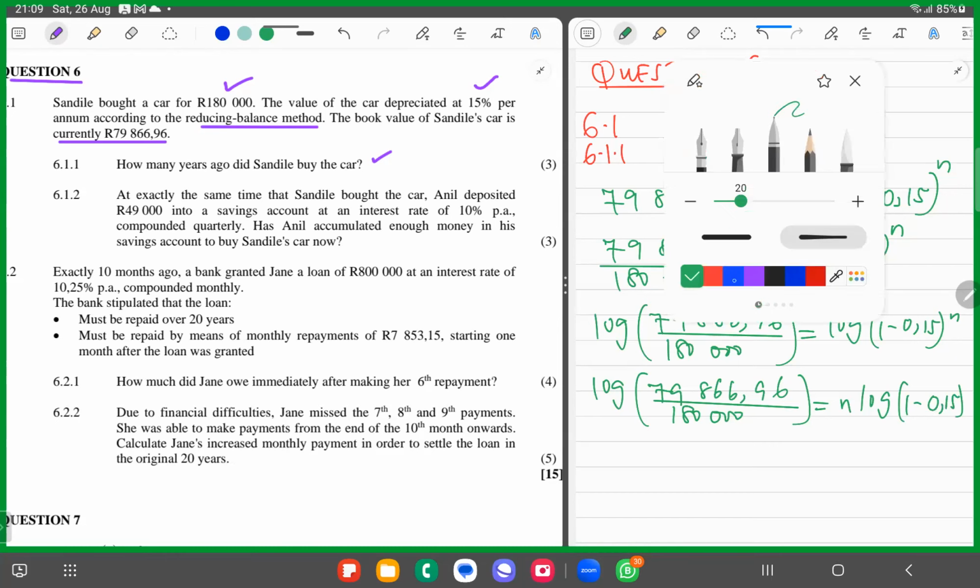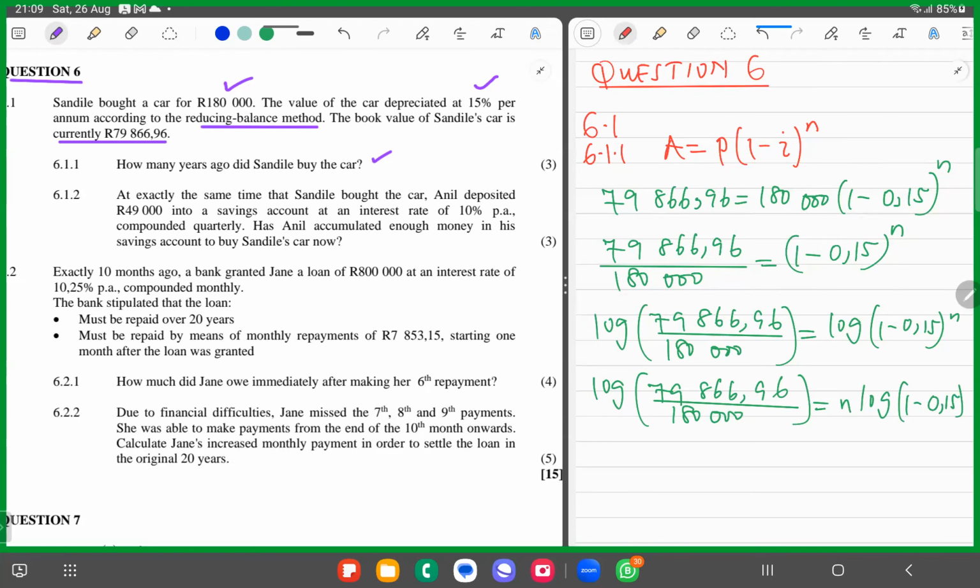What is this? So we divide both sides by the log of the right-hand side. So you have the log of 79,866.96 over 180,000, all divided by the log of (1 minus 0.15), equals n.